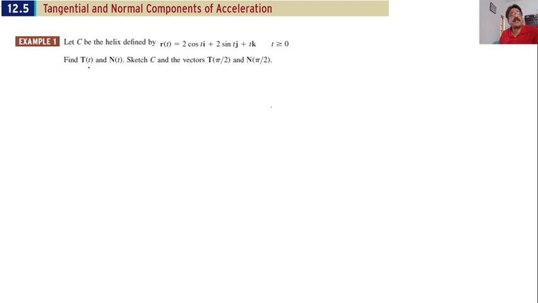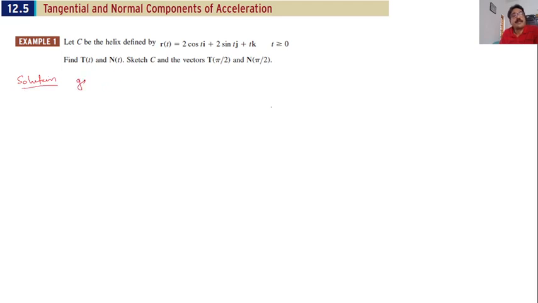Here we have to find the unit tangent vector T(t) and the unit normal vector N(t) at any t, and also we have to sketch C, and the vectors T and N we have to calculate at the particular instant t is equal to pi by 2. So let us see how to solve this problem.